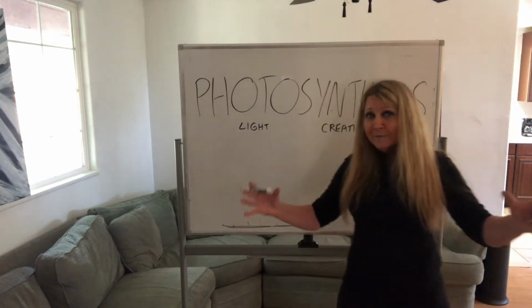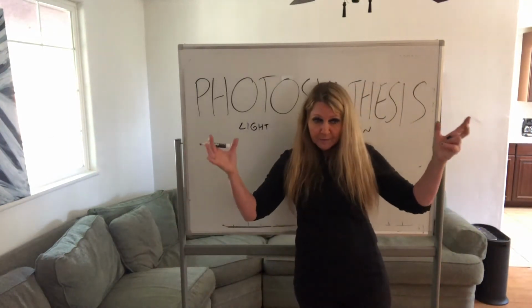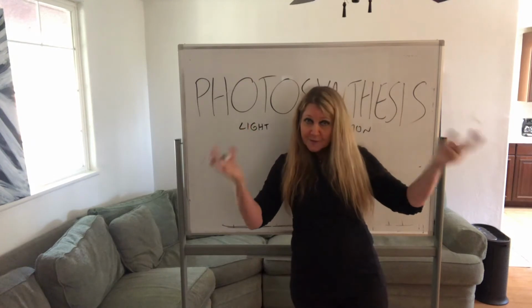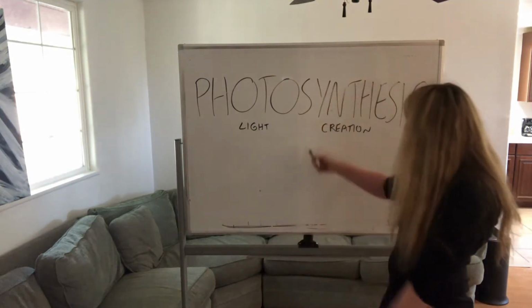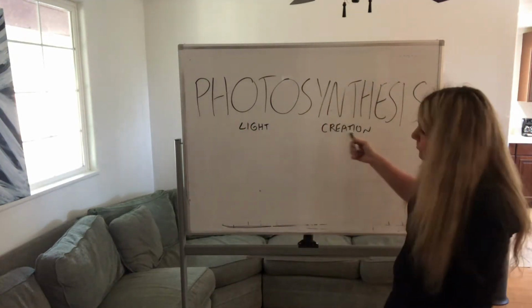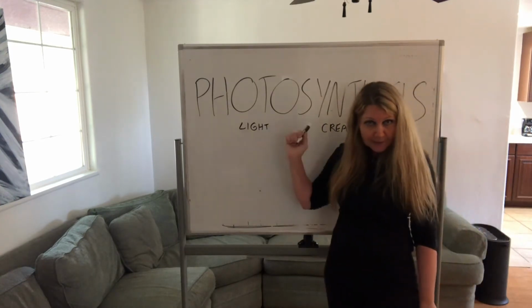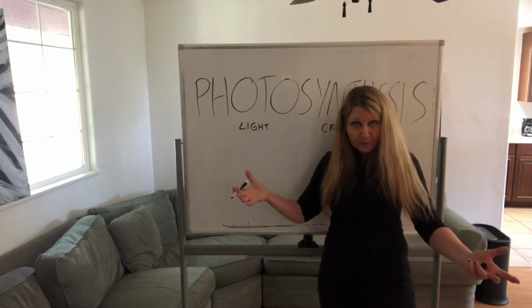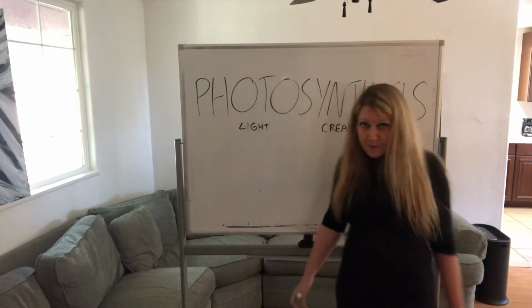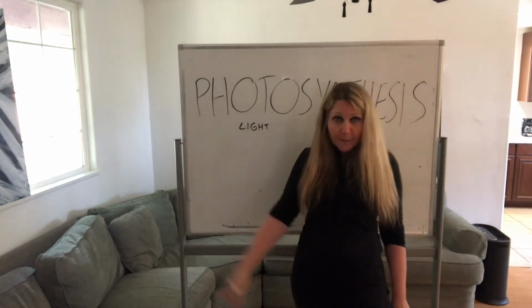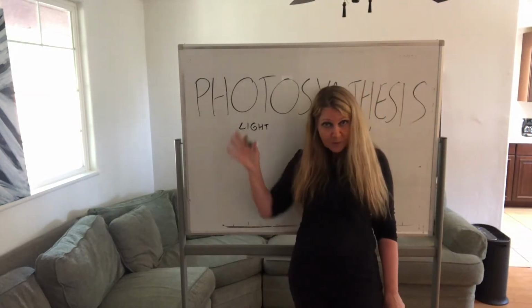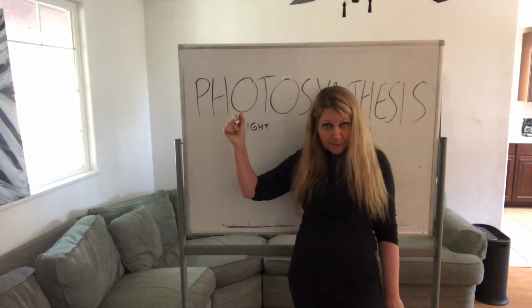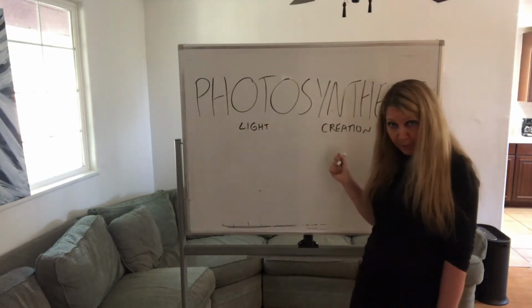So it's a very important part of the existence of life. Creating sugar with light, using light to make food, really. That's what sugar is. Plants and some bacteria use the light from the sun to make sugar.